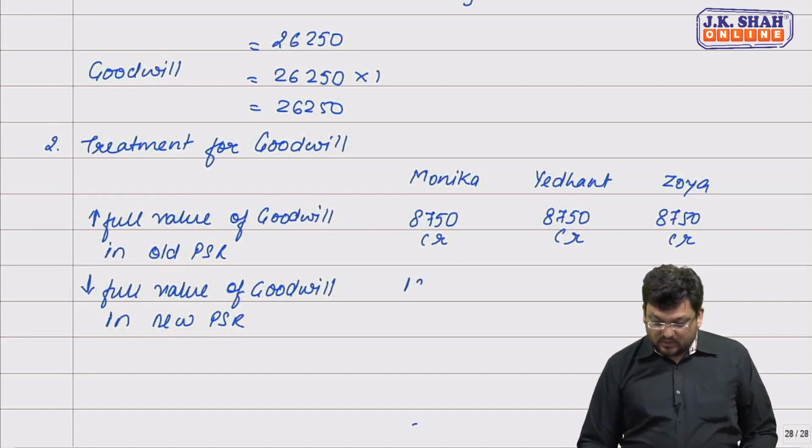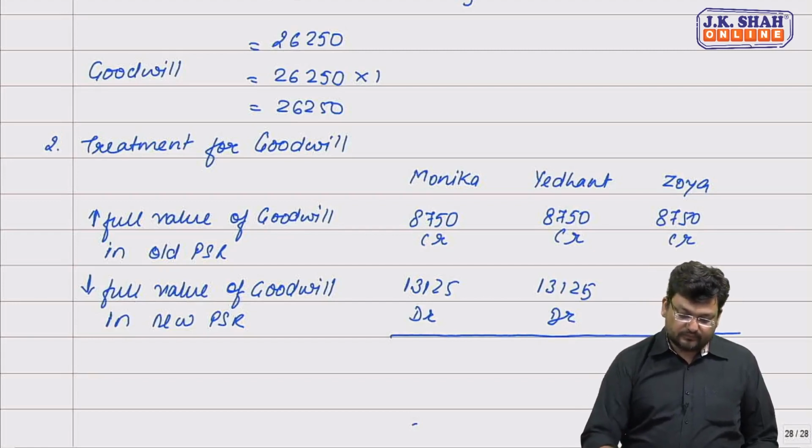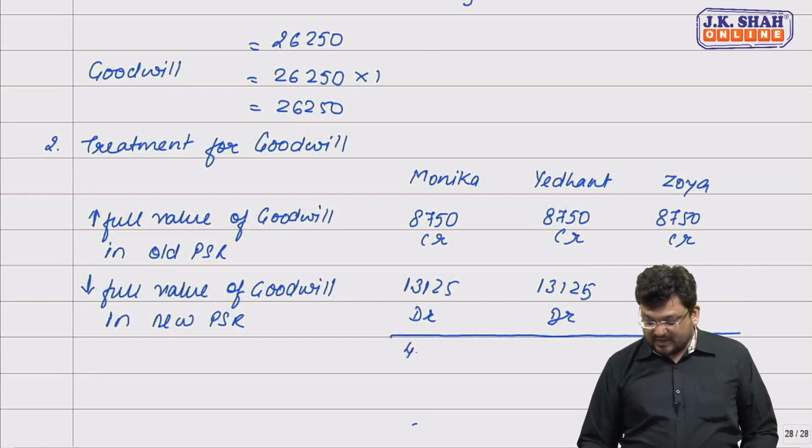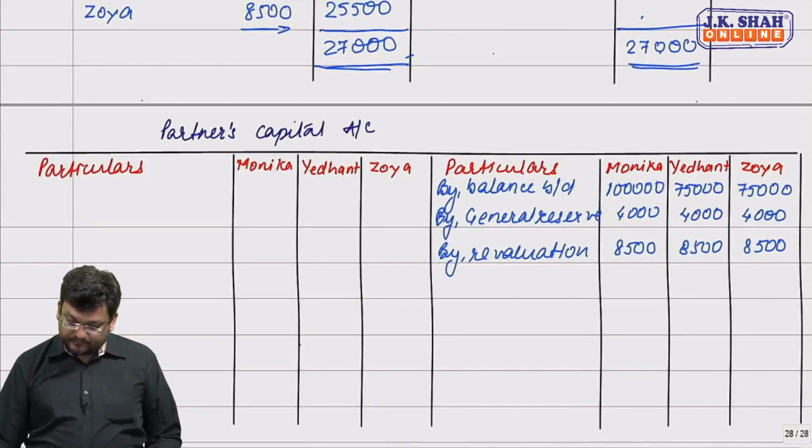It will be 13125. So Monica's capital will be debited with 4375. Yedhan's capital also will be debited with 4375. Zoya will be made creditor with 8750. So Monica, Yedhant to Zoya's capital.